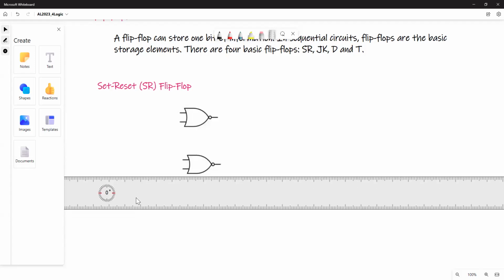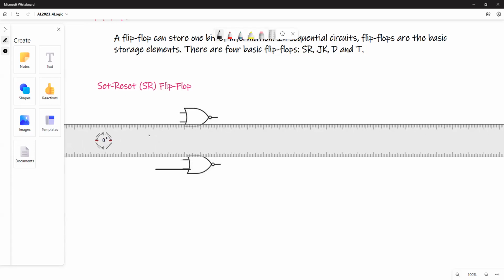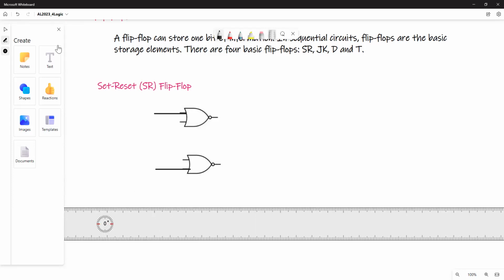For example, set will be here. I will start from here. So set, let me say this is S, and reset will be here. So we have reset.